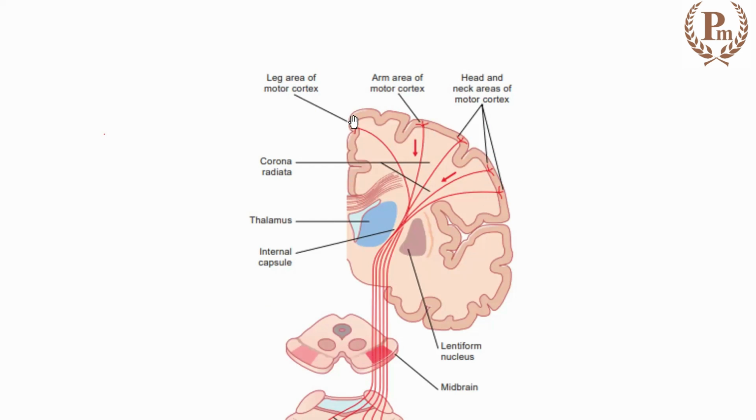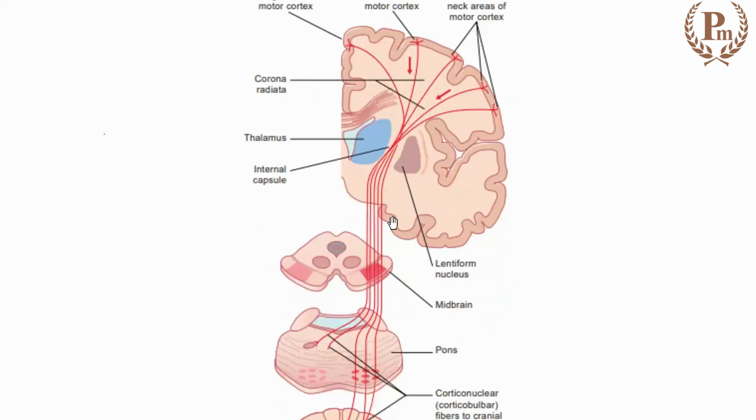The medial part represents the leg area, then we have the hand area, then the head or face area. The fibers all come down here, then pass through the posterior limb of the internal capsule. This is the lentiform nucleus and this is the thalamus, and in between them is my internal capsule.